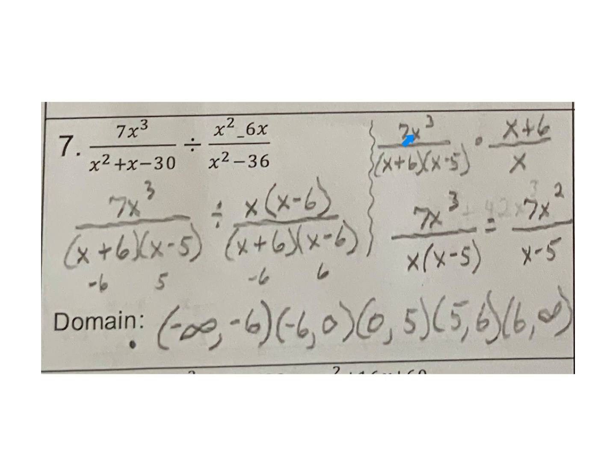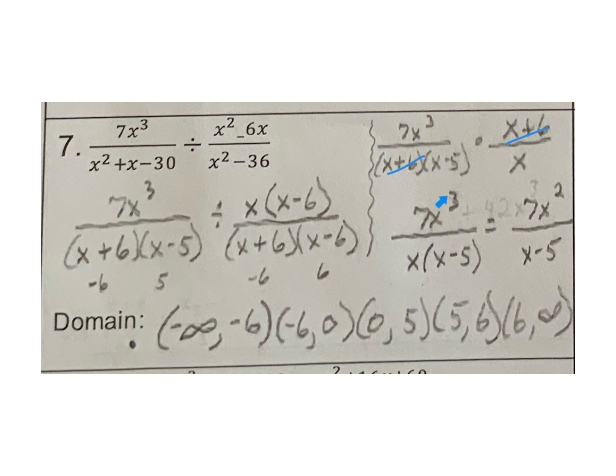Now, when we do multiply by the reciprocal, we have 7x cubed times x plus 6. Actually, you can see that we cancel out the x plus 6, or that would be just 1 over 1. So when we multiply now, we're just left with 7x cubed in the numerator, and then in the denominator, we just have x minus 5 times x.